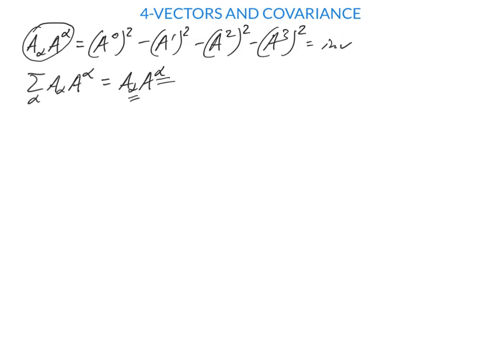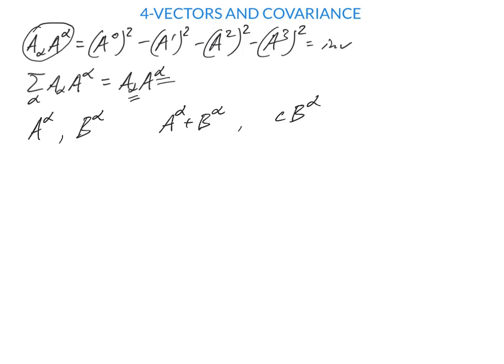Now, if A alpha and B alpha are both vectors, then because the transformations are linear, the set of numbers given by the sum of those components is obviously a vector too, just as the product of a vector by a scalar is also a vector. So any linear combinations of vectors are vectors.